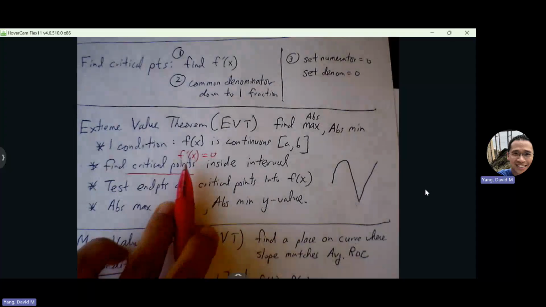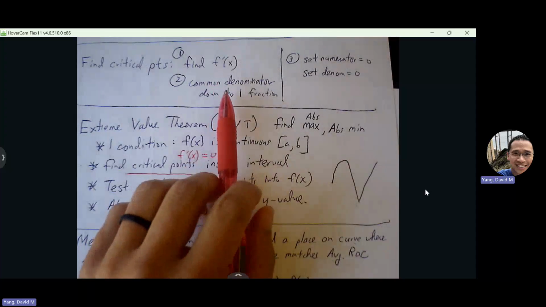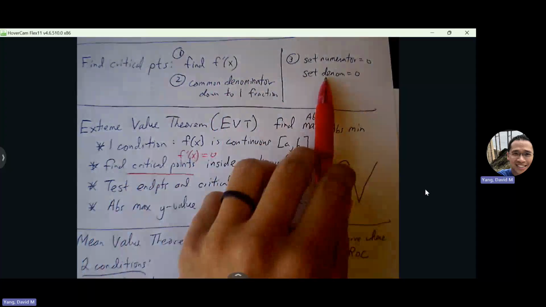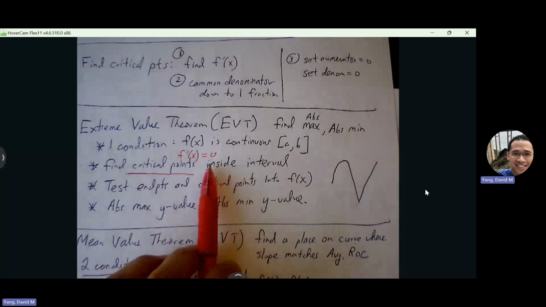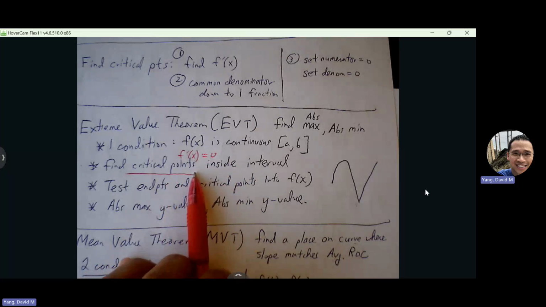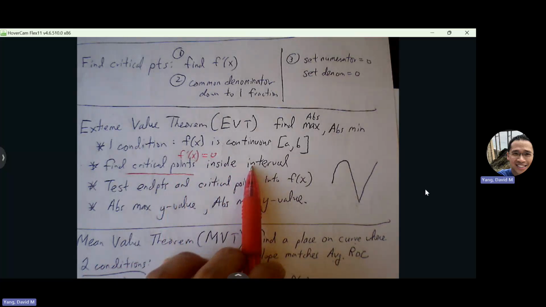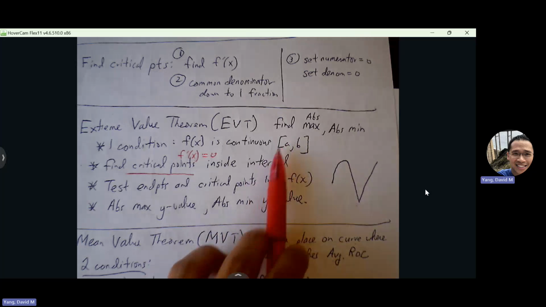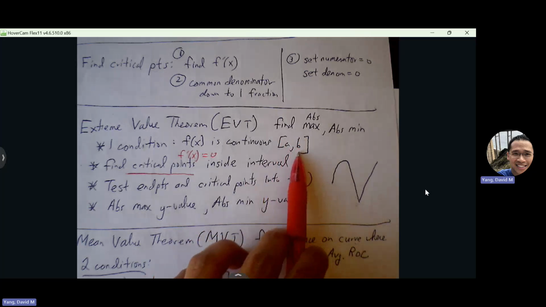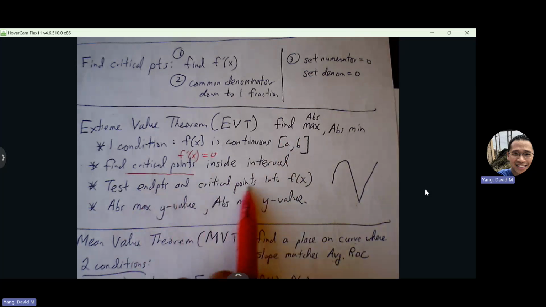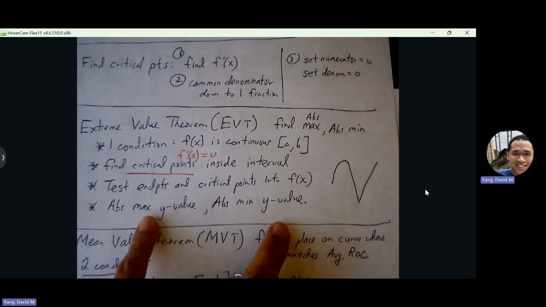And remember, if you set f prime equal to 0, if there's a numerator and denominator, you got to consider both numerator and denominator. And then make sure that whatever critical points you find are inside the interval if we want to involve them. And then we'll test them in addition to endpoints back into the original function, and then compare your y values. Highest y value is your absolute max. Lowest is your absolute min.